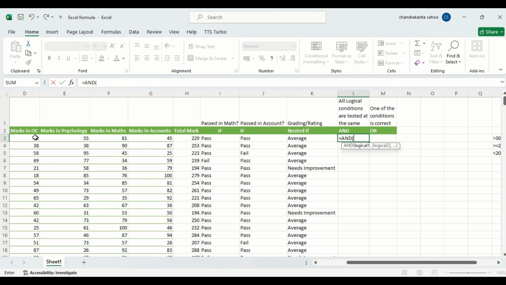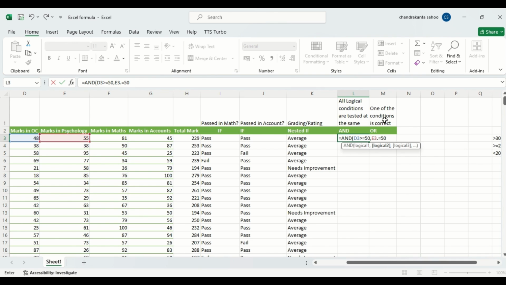Let us see, if the mark in OC is greater than or equal to 50, that is one condition, logical one. Then we put a separator that is called a comma. Second logical: if the mark in psychology is greater than or equal to 50.